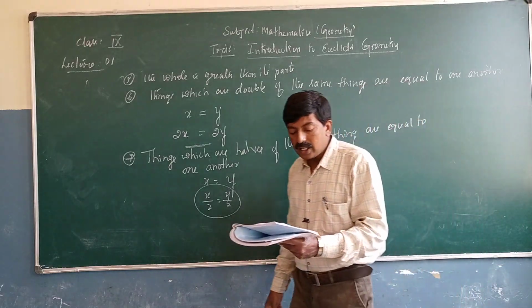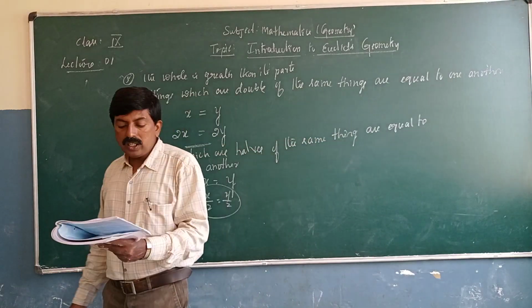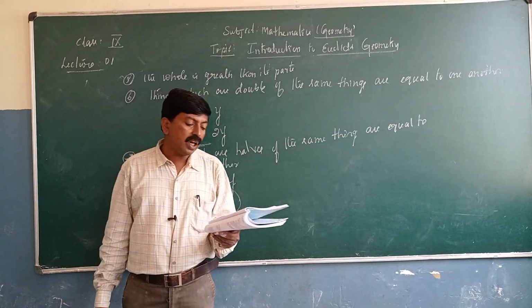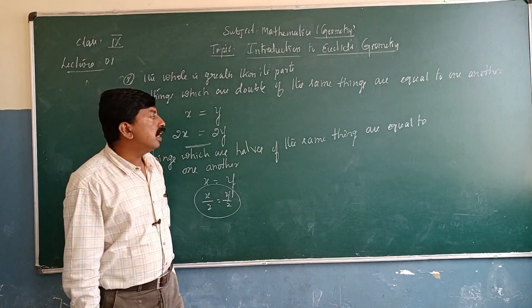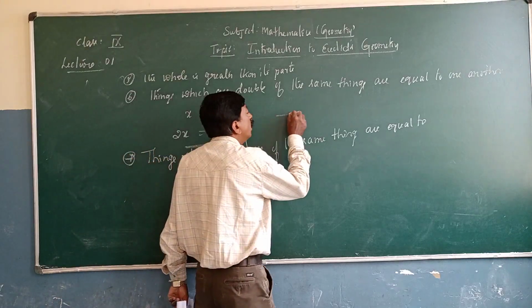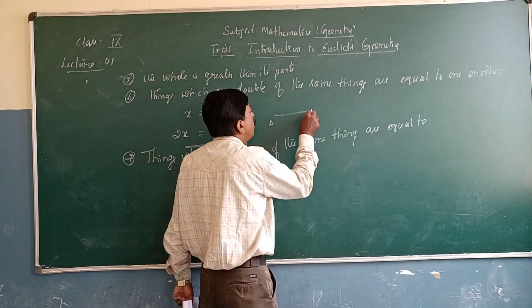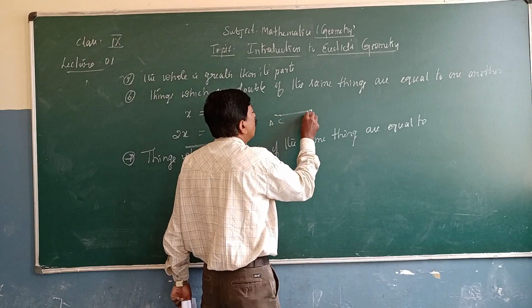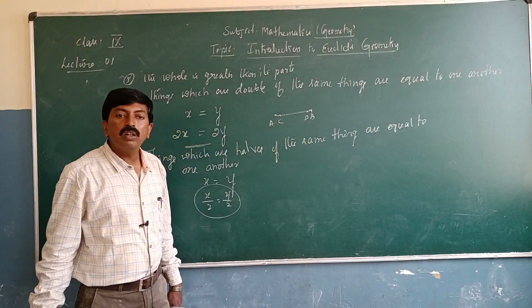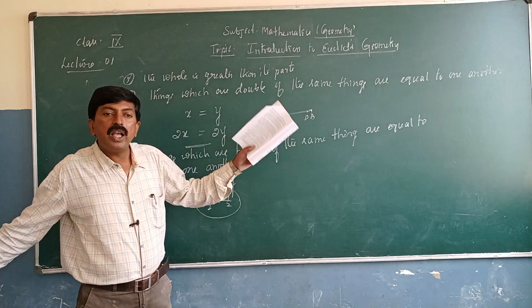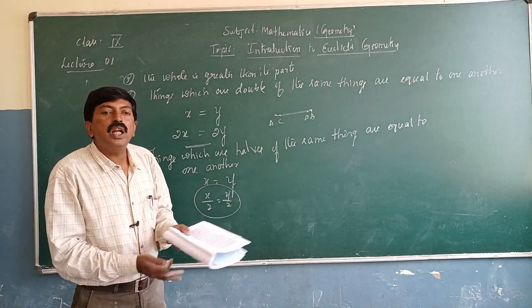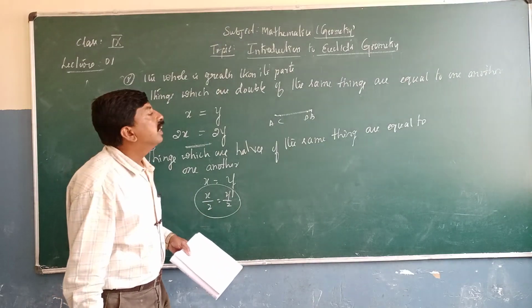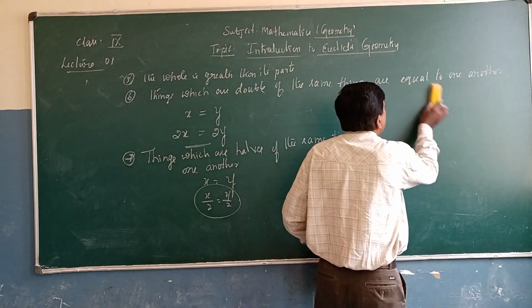And the fourth axiom: things which coincide with one another are equal to one another. Observe here, AB coincides with CD, so they are equal. AB and CD exactly overlap with one another. They are always equal. That is the meaning of this statement.